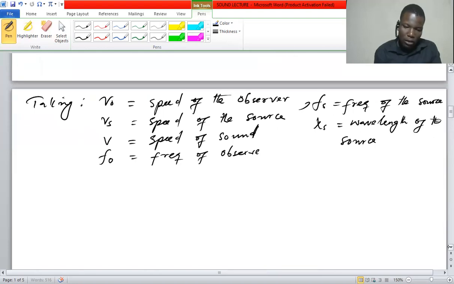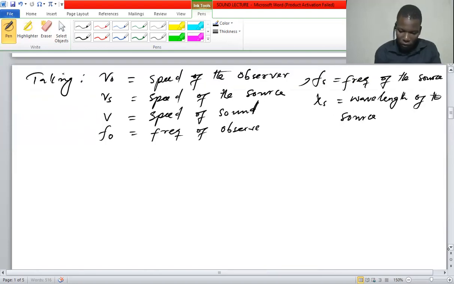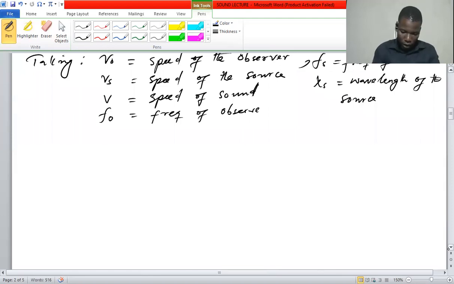Our first case is when the observer is moving relative to a stationary source.